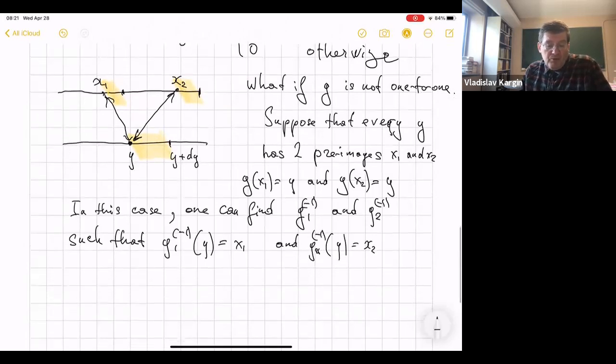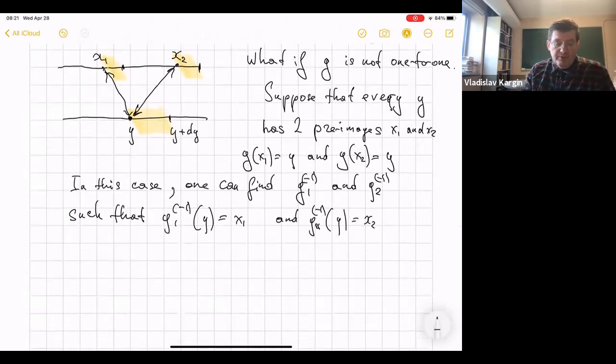In this case the formula will be just like the previous one, but a sum over x1 and x2.